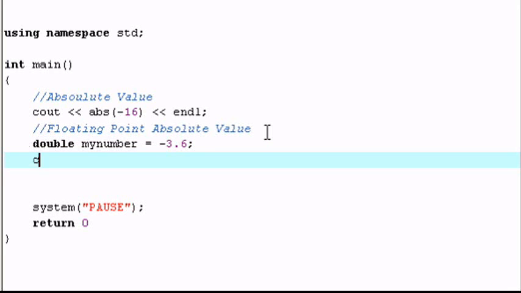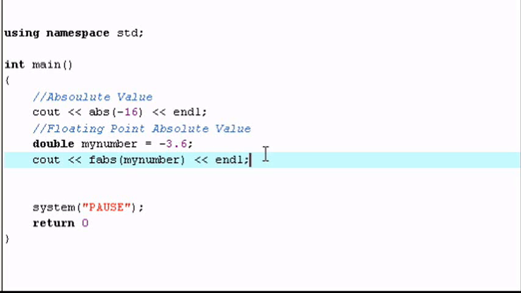And let's cout. Now when dealing with floating point numbers and absolute values, instead of abs, you have to put fabs, or floating point absolute. And let's put the variable inside, my number. So let's cout the absolute value of my number, which is equal to negative 3.6, which would return the value of 3.6.